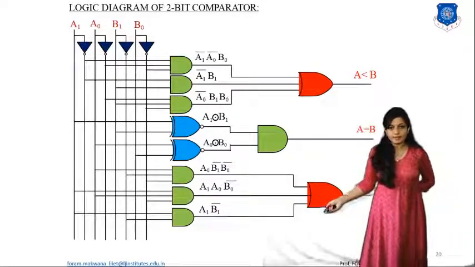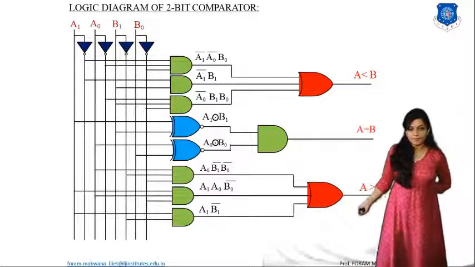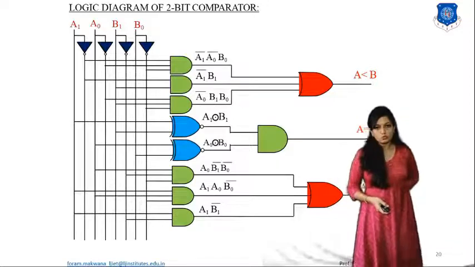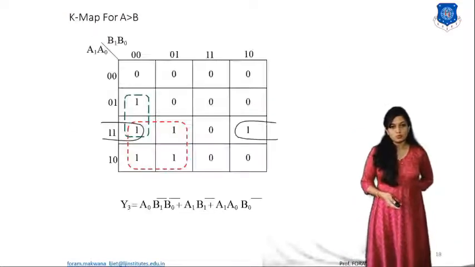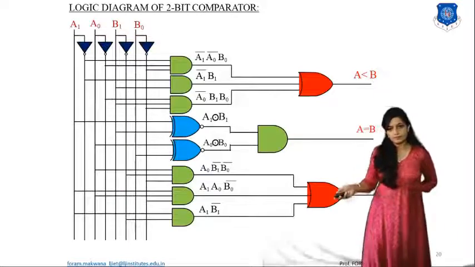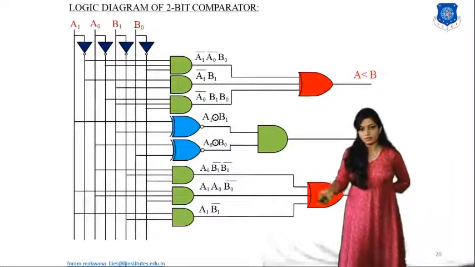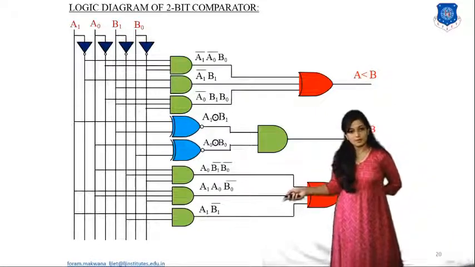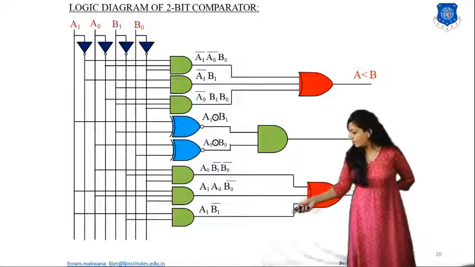Now for A greater than B, it is A0 B1 bar B0 bar. This is one output. Another is A1 A0 B0 bar and A1 B1 bar.